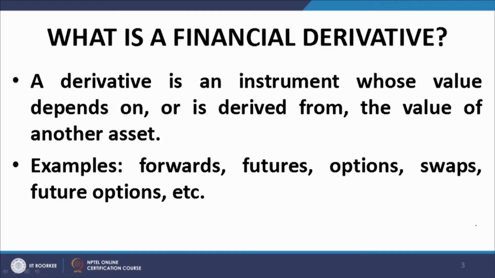Basically, a financial derivative is a financial instrument whose price process, in other words, whose value process, depends on the value or price of another asset, which is called the underlying asset. There is a functional relationship between the price or value of the underlying asset and the price or value of the derivative asset, and that derivative asset is called the financial derivative.